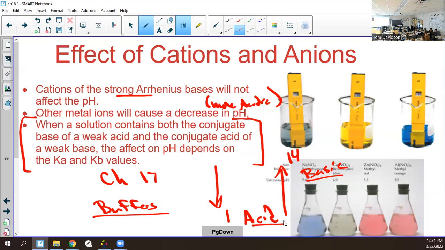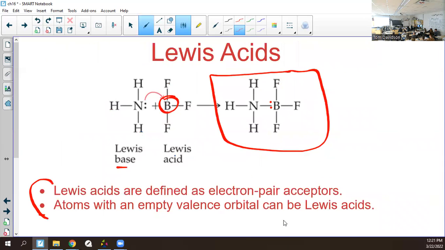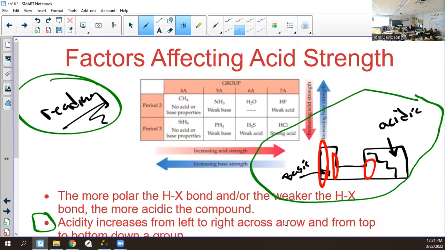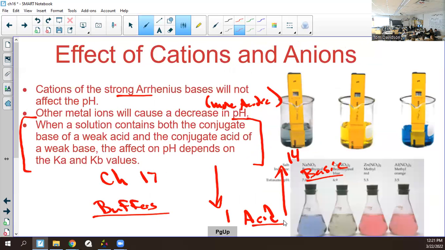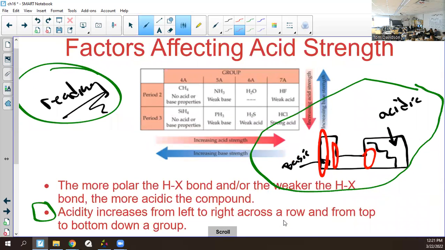Okay, this next probably 2 slides, a bunch of slides. They're not that bad. These things are not normally tested, and they're not on my test, but I'll just say them real quick. The more polar the HX bond or the weaker the HX bond, the more acidic the compound.